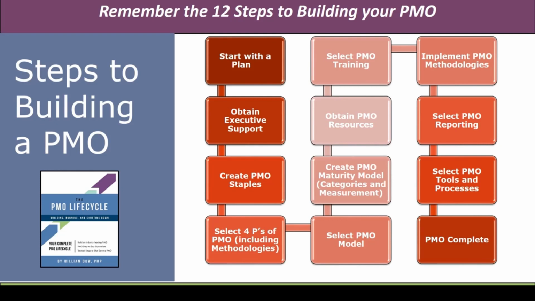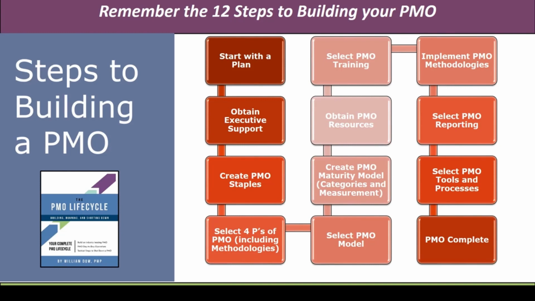And here are these 12 steps. Number 1, start with a plan. Number 2, obtain executive support. Number 3, create PMO staples. Number 4, select your 4 Ps of your PMO, including your methodology. Number 5, select your PMO model. Number 6, create a PMO Maturity Model, which includes your categories and your measurement system.